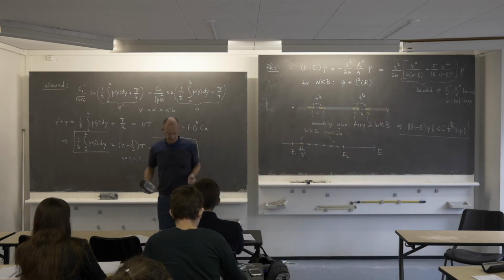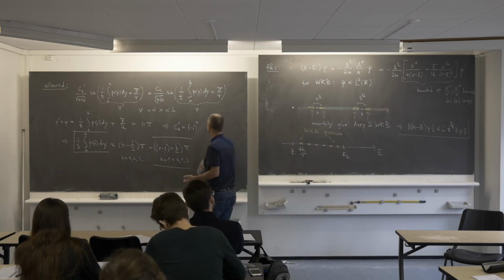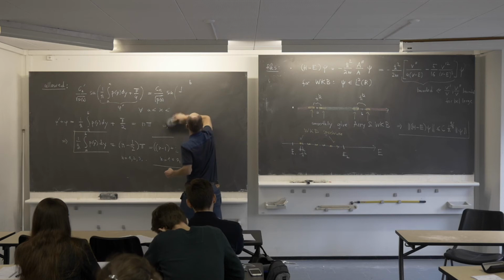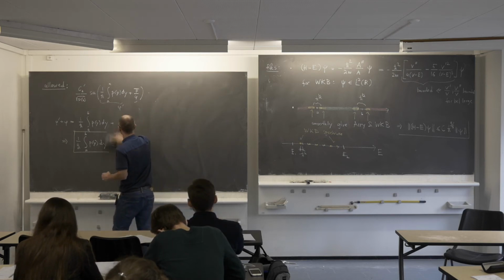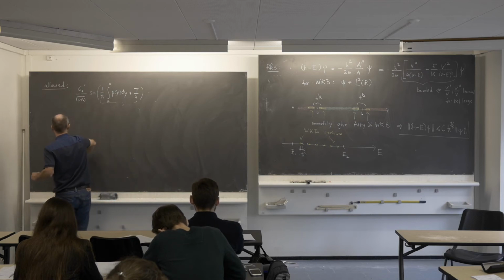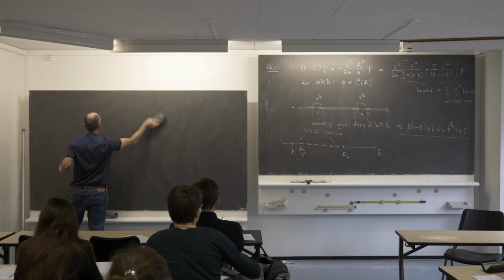So I would like to finish this chapter. We had some number of examples of explicitly solving the Schrödinger equation. And I would like to finish with one more example. There will be more examples in the problem sets.